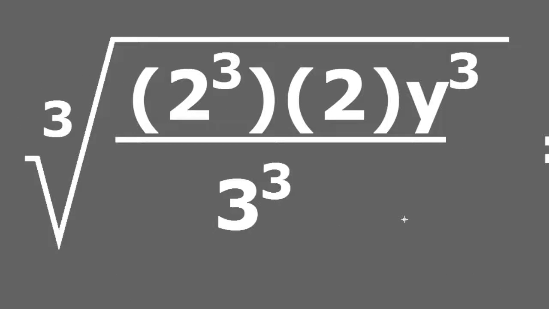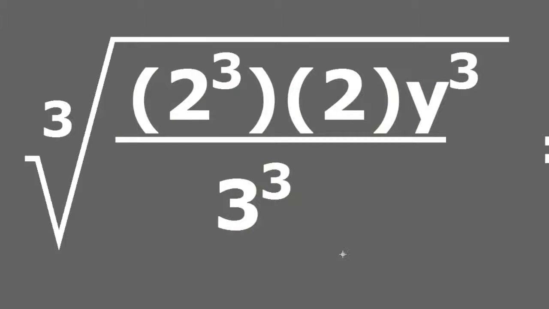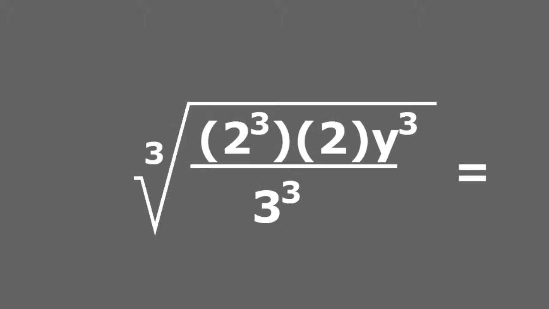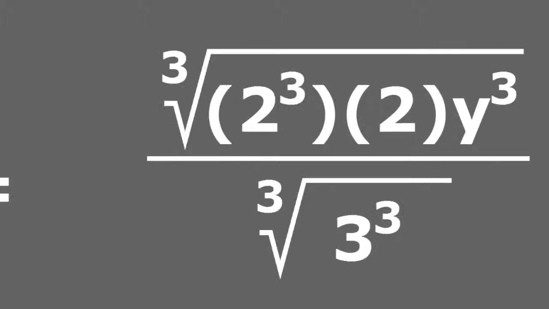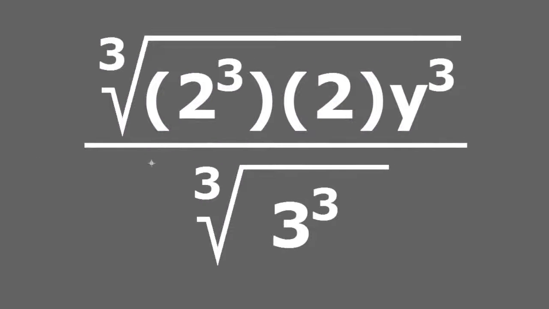The next step, now I have all of this expression inside of a cube root. All of this is the radicand. And one property of the roots is that if you have a division inside of the radicand, you can rewrite that as the root of the numerator divided by the root of the denominator.